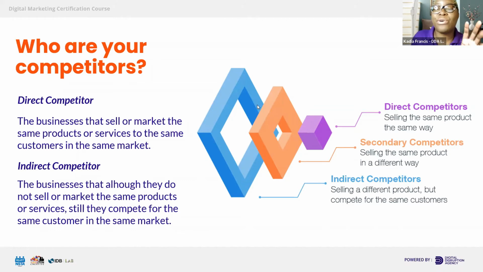Why? Because even though KFC is not marketing pizza, they're marketing fried chicken, which is fast food. They're all marketing fast food, a different type of fast food, but they're all going after the same customers in the same market.